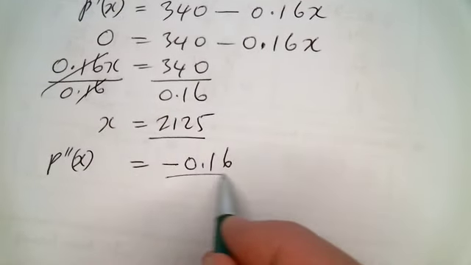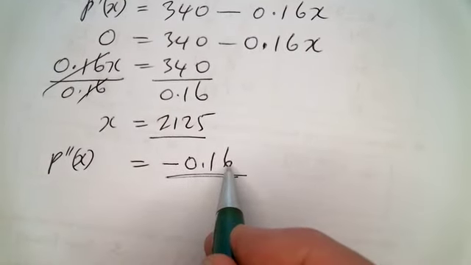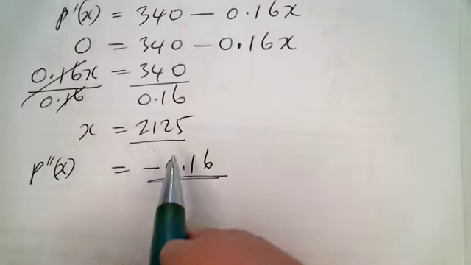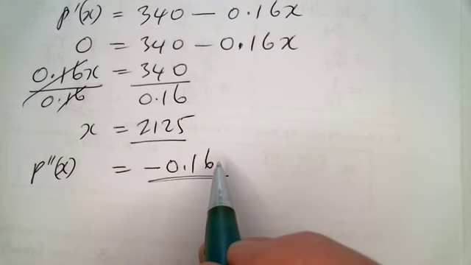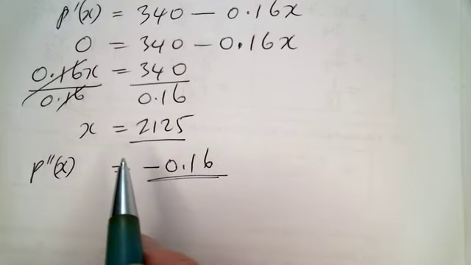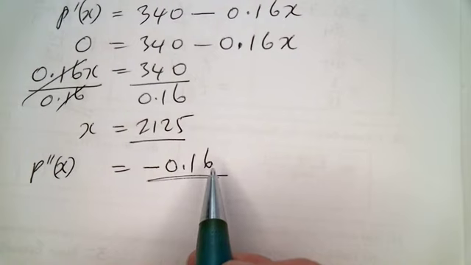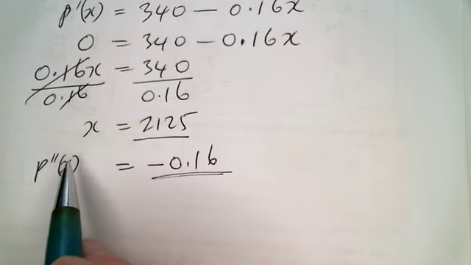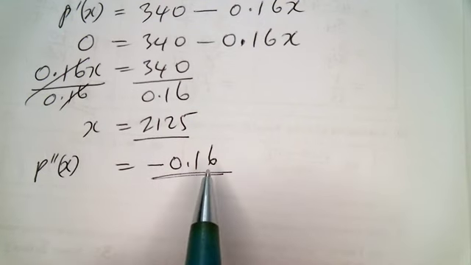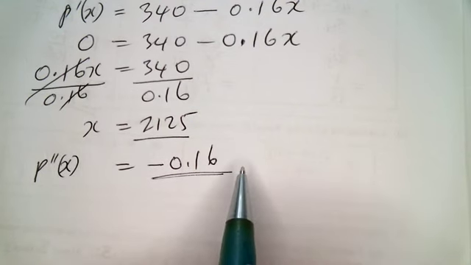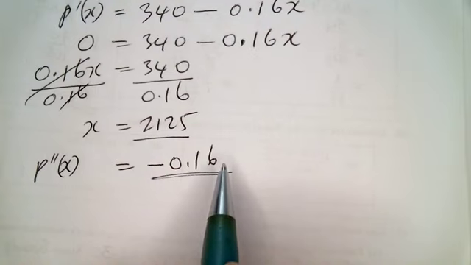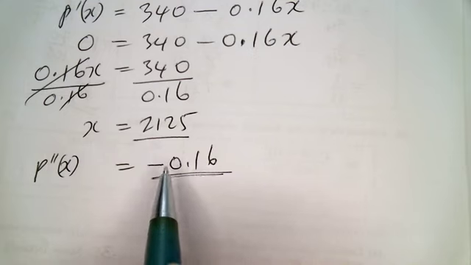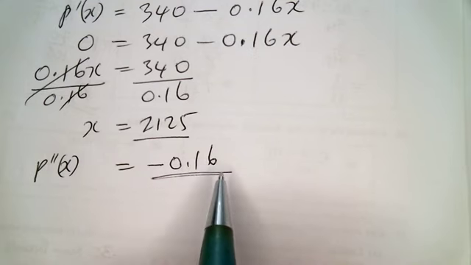And of course, the answer here is a negative, and therefore taking the second derivative proves that we are in fact finding a maximum. So this is the maximum number, and we prove it by taking the second derivative. We've got no number to put in here because x has dropped away, and all we're left with is the fact that this is a negative, which shows that we have a maximum.